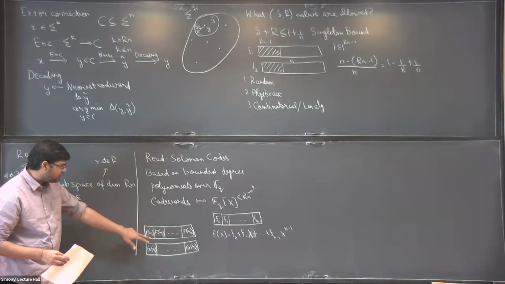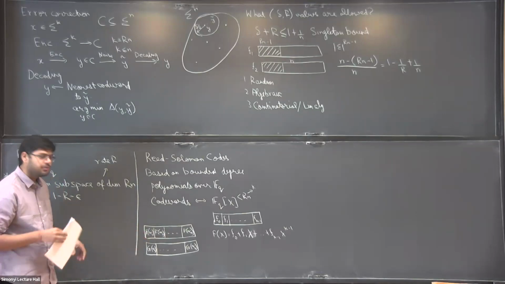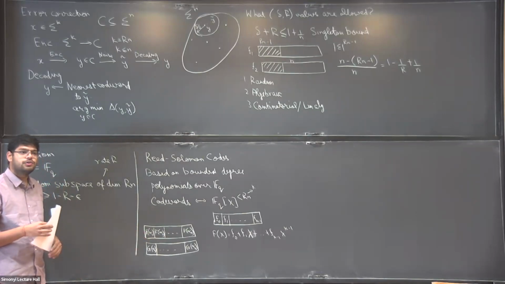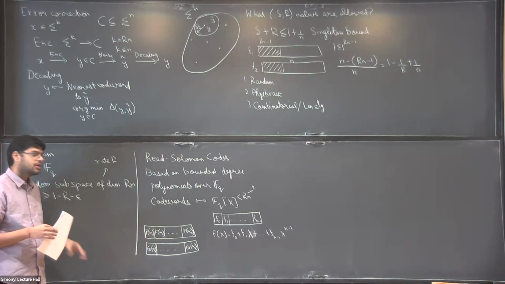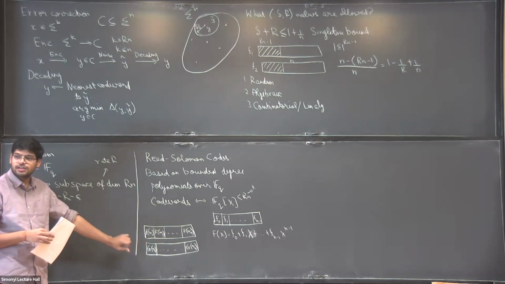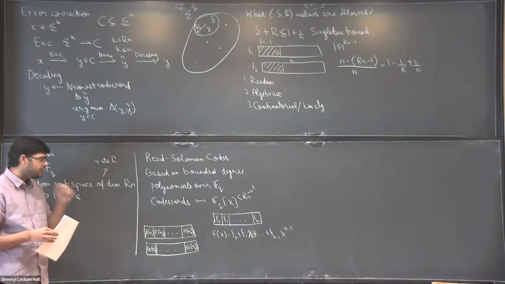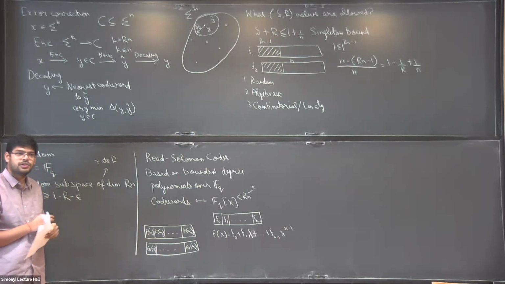Well, if they agree in a lot of places, then we can look at the difference polynomial f minus g, and it will have a lot of roots, because everywhere where f and g agree, f minus g has a root. f minus g is still a degree k minus 1 polynomial.